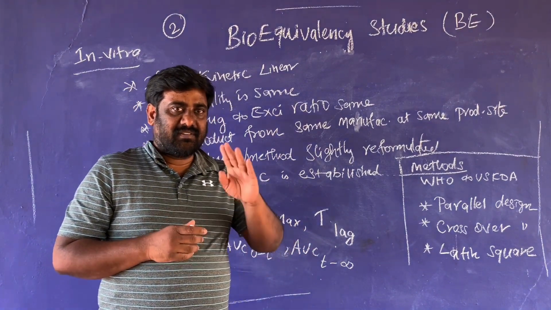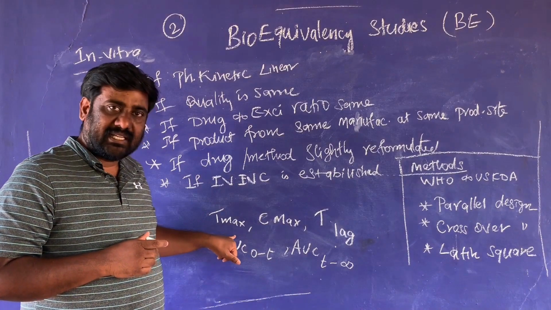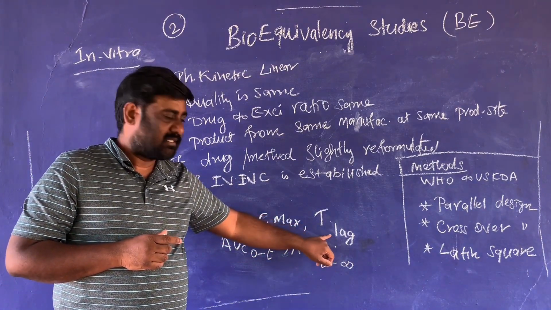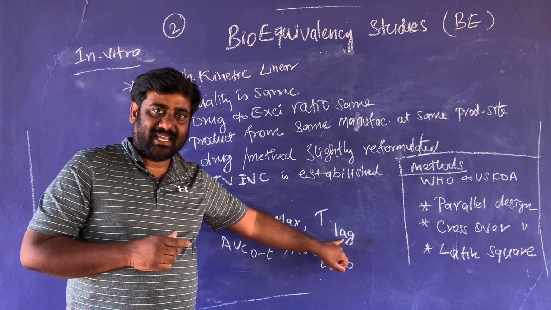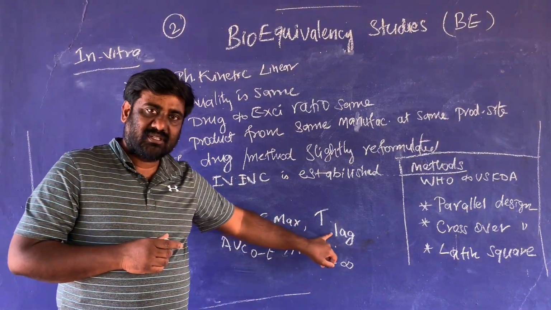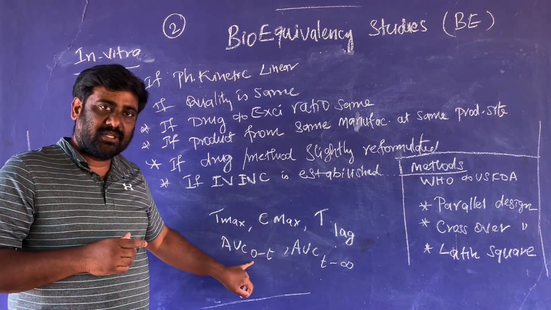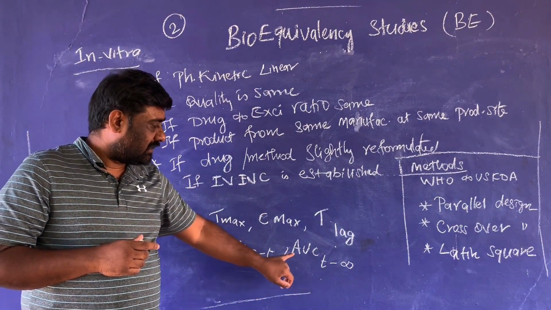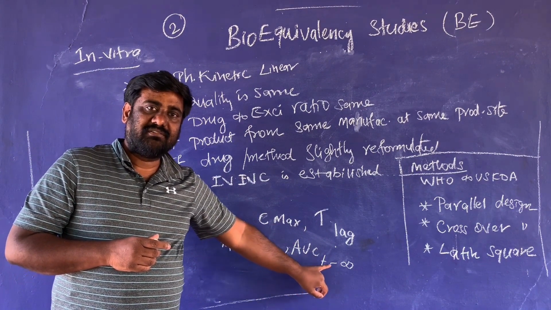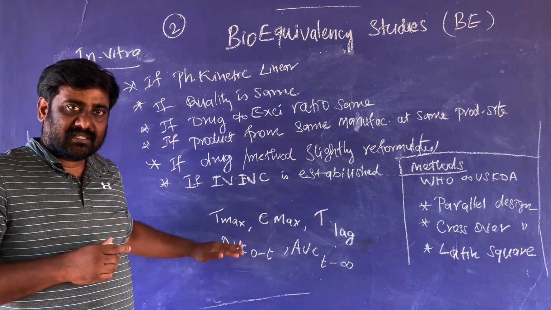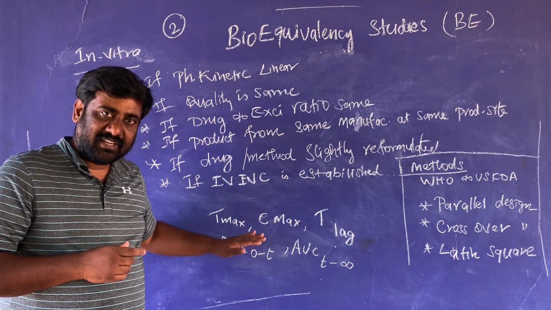Generally the pharmacokinetic parameters like Tmax, Cmax, and T lag, that means bioavailability lag time or absorption lag time. Then AUC from 0 to T is checked. Then AUC from T to infinity is checked. So these are the main parameters checked for in vivo studies.